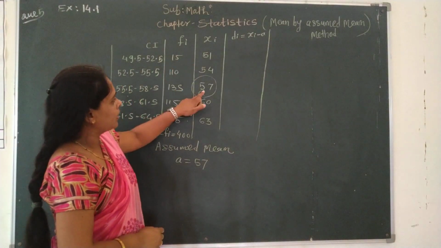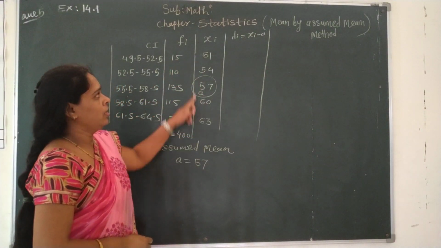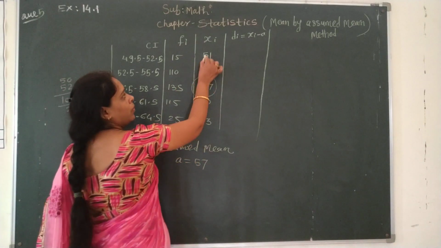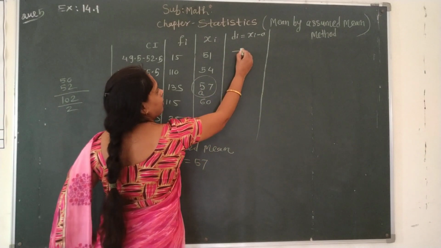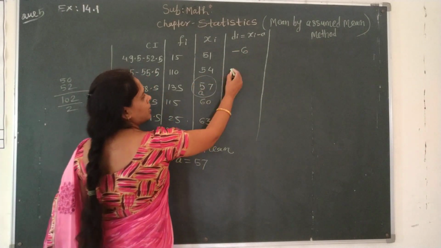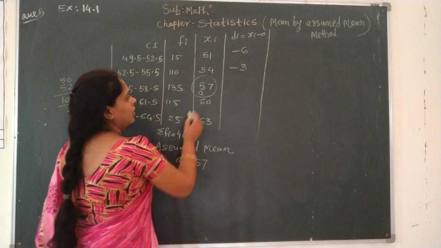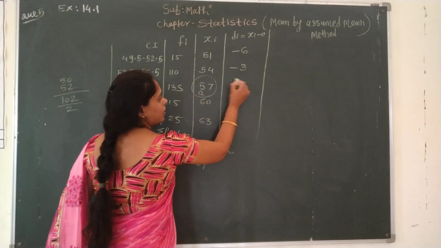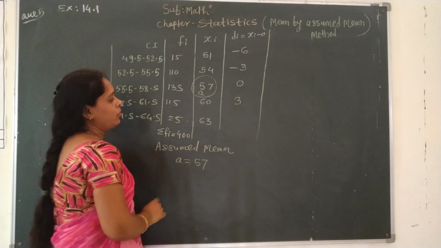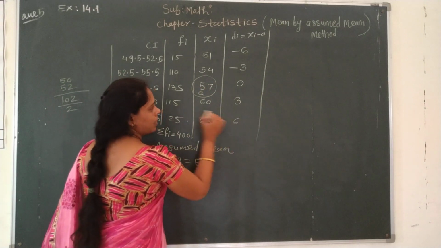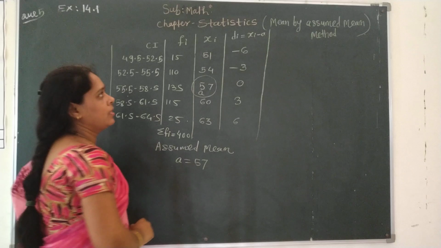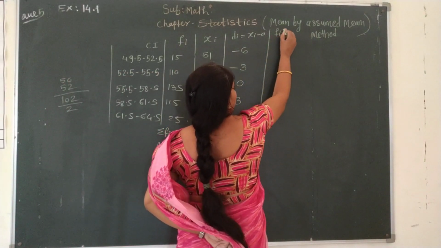Means you have to subtract 57 from each entry. 51 minus 57, that value is minus 6 because the second number is greater. 54 minus 57, that value is minus 3. 57 minus 57 becomes 0. 60 minus 57, now the value is positive, 3, and 63 minus 57, that value is 6. These are the values of di, and the last column is fi di.